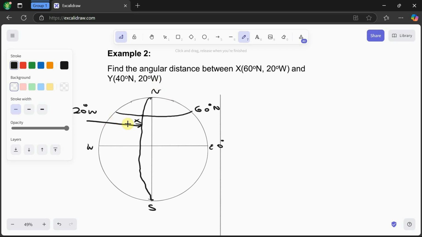So we're still maintaining this western position, but instead of being at 60 degrees, it's at 40 degrees. So that will be somewhere here. So I could draw this and say this is 40 degrees north. So from this point here, we'll have something like this to join this point, and from here we'll have something like this to join this point. So it's something like this.